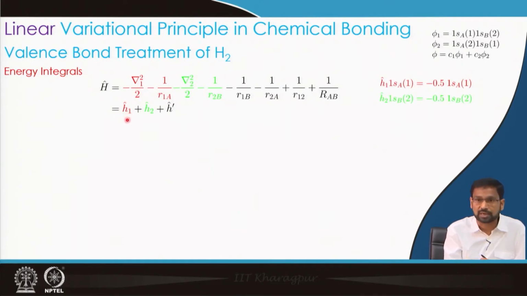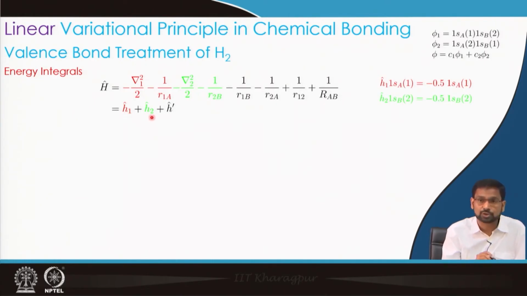This little h that I see is the Hamiltonian of one hydrogen atom. Now similarly, I can collect these two terms, the kinetic energy of the second electron plus its interaction with nucleus B. If I combine these two terms, I would get the Hamiltonian of hydrogen atom B. I am calling that H2.